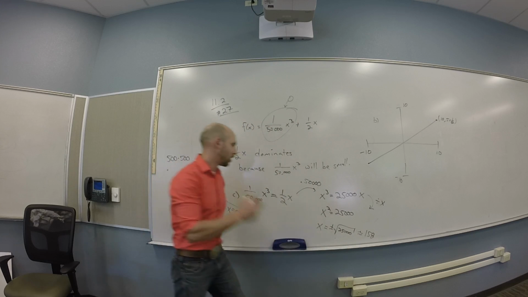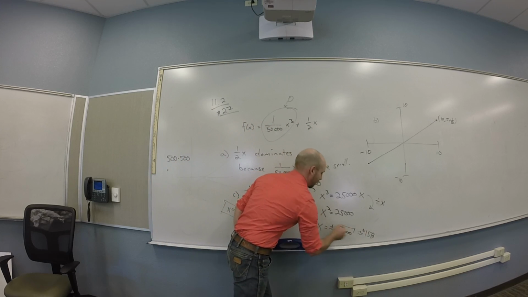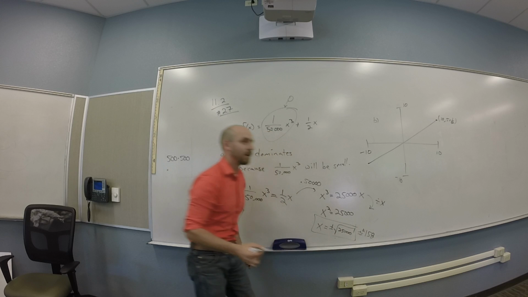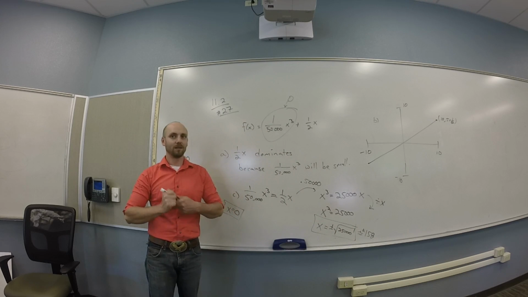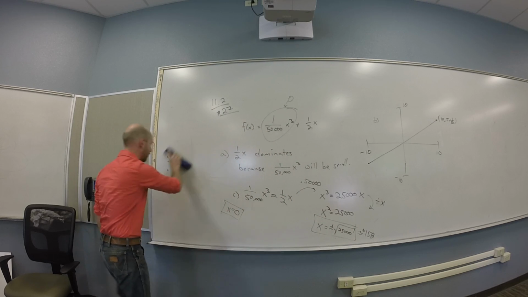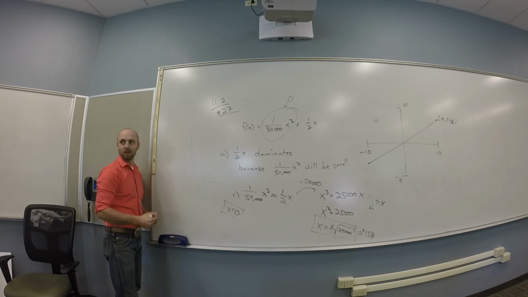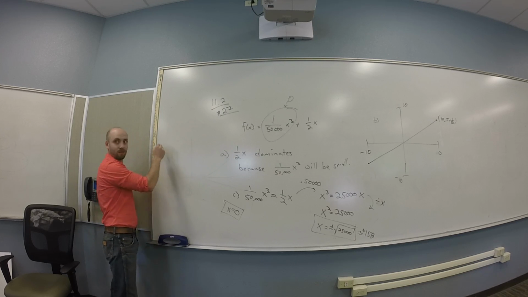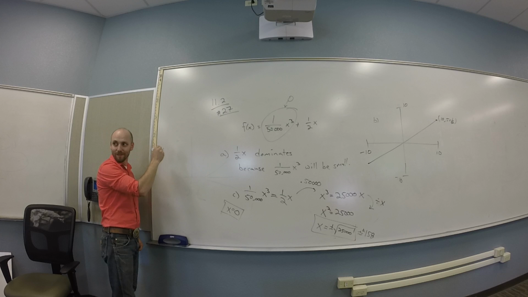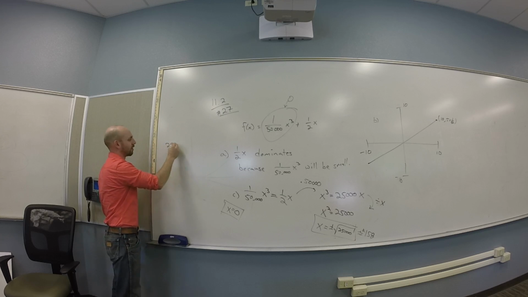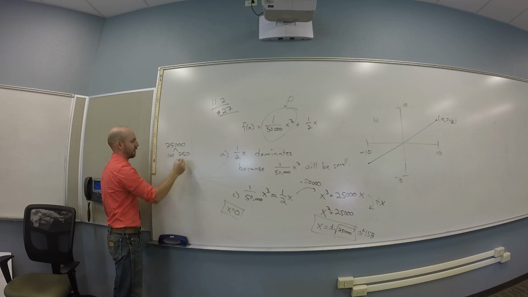So I'm going to leave them here. You could do a little better than that, right? You guys remember how to simplify square roots? You break out roots inside of it. So you could look at 25,000, right? Break that into 100 and 250.